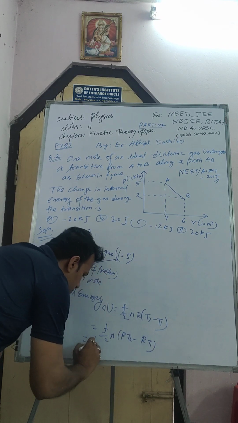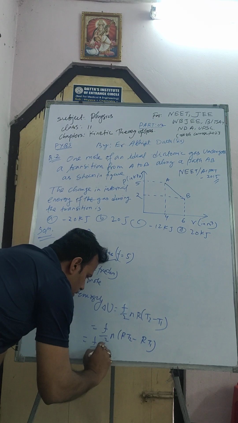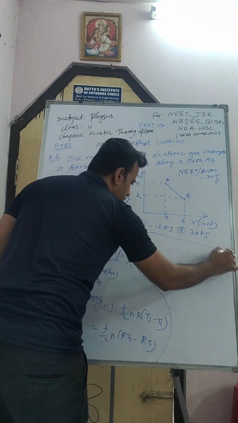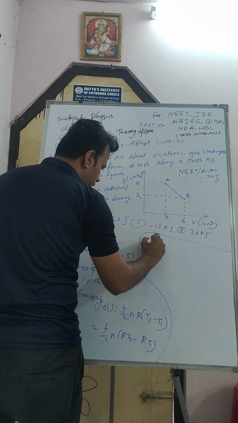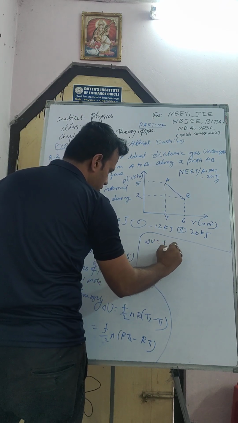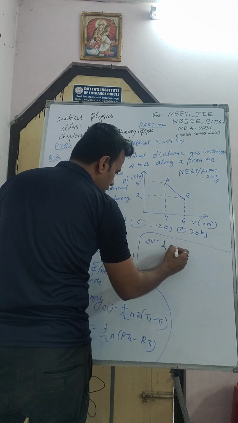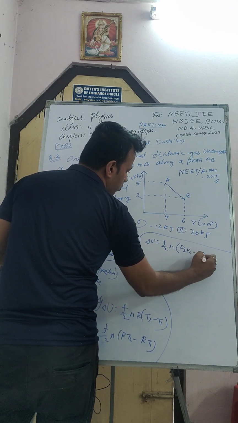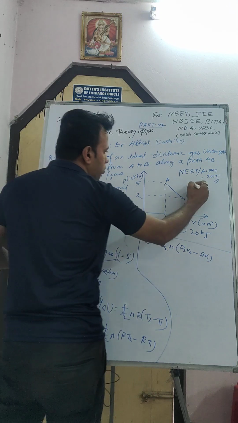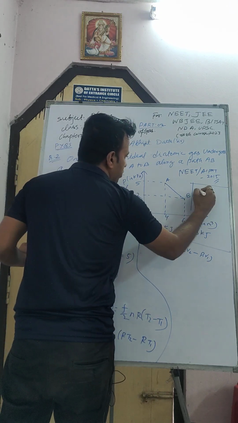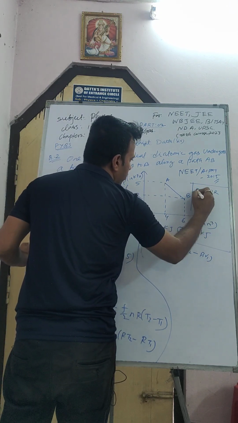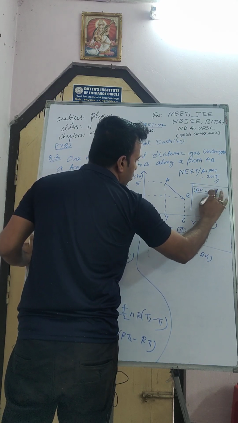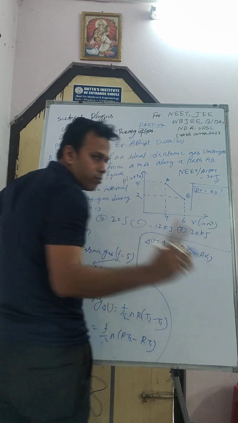So you will get delta U equal to F by 2 times (P2 V2 minus P1 V1). Why? We know that PV equals nRT for an ideal gas, so for 1 mole of gas PV equals RT.